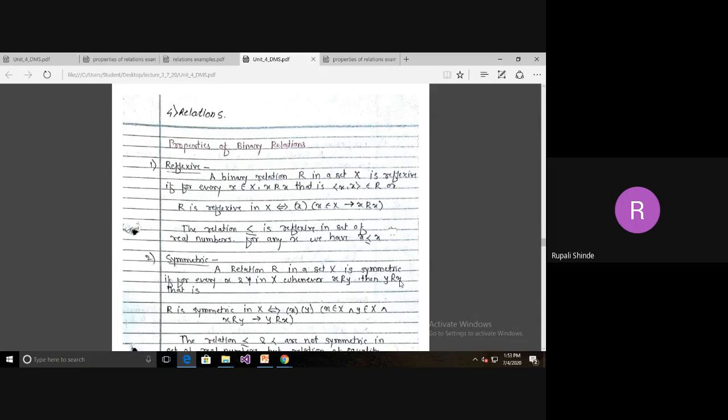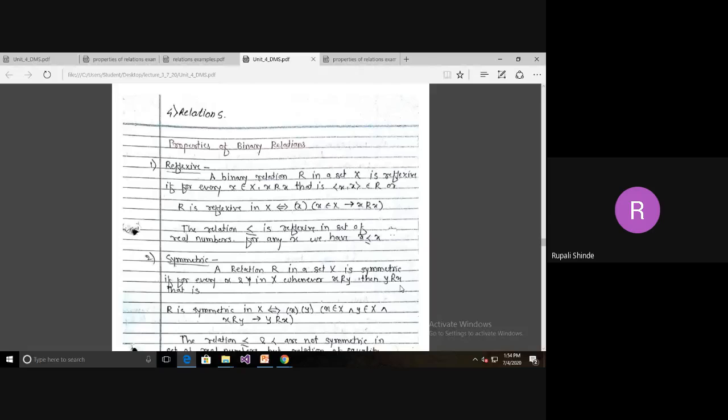Symmetric कधी म्हणणार आहे आपण? If there is any order pair 1, 2 belongs to relation R, then there must be 2, 1 in relation R. Then only we are going to say that this is a symmetric property. 1, 2 असेल तर त्याचा रिव्हर्स करायचं. जसं आपण इथं घेतलंय, x is in relation R with y. x, y ही जर ऑर्डर पेअर असेल तर आपण चेक काय करणार आहे?